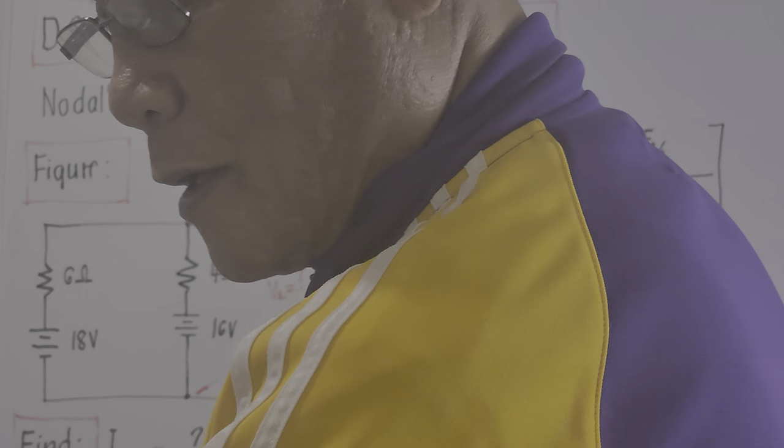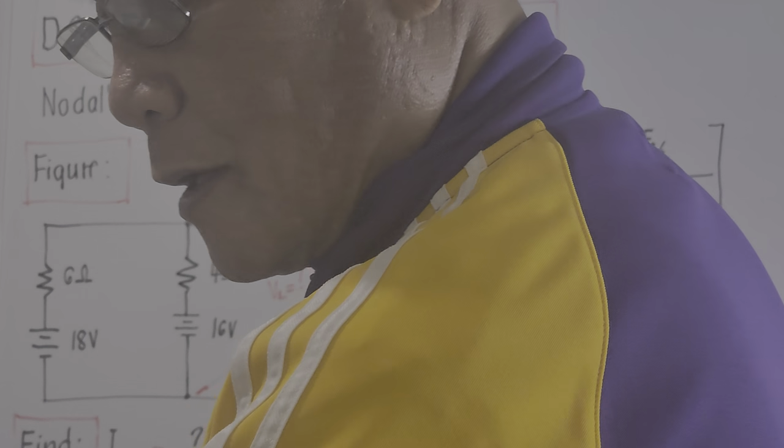If VL is computed, and we are given RL, we can compute IL. But before we can compute IL, the current passing through the 24 ohm load, we must first compute V sub L. Okay?